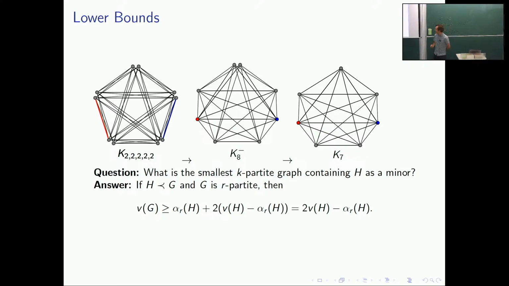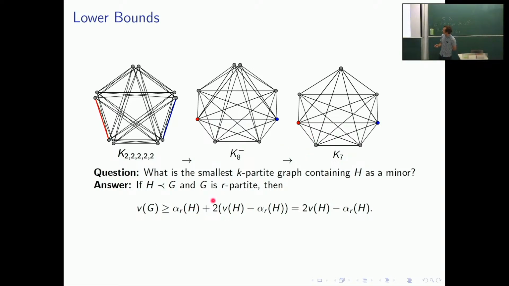So if H is a minor of G and G is multipartite, then the number of vertices of G should be at least this function alpha R of H. This is the size of the largest R-partite induced subgraph of H, plus 2 times the remaining vertices of H. And the reason for this is that if you find a model of a graph H in a graph G, then all of the bags which have size 1 should correspond to a subgraph of H which is also a subgraph of G. You don't get extra edges between those vertices which get bags of size 1.